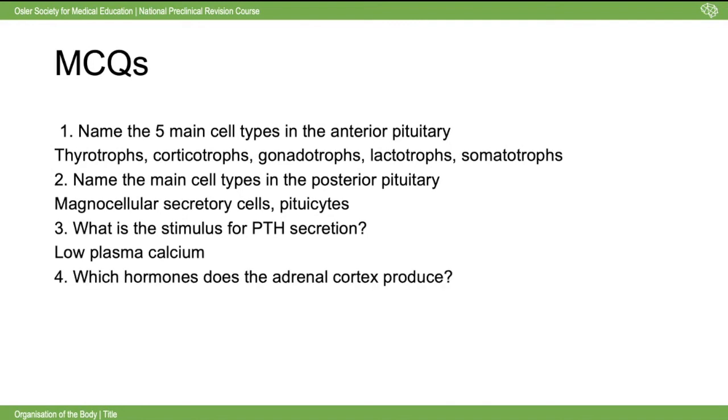Question 4. Which hormones does the adrenal cortex produce?